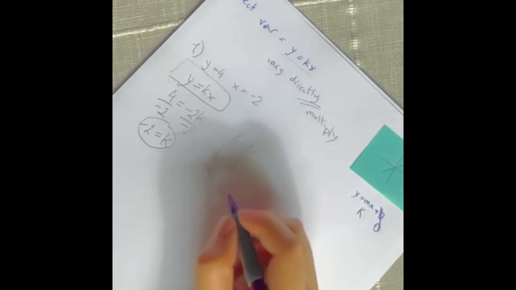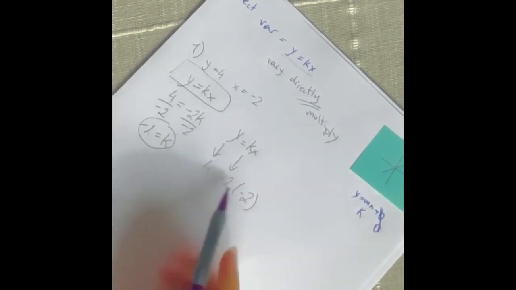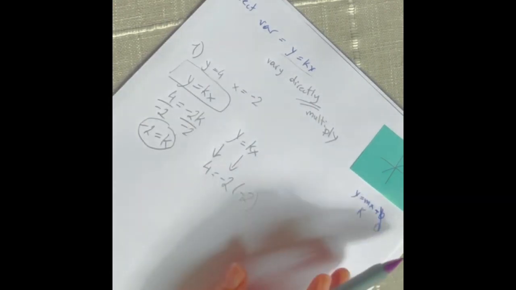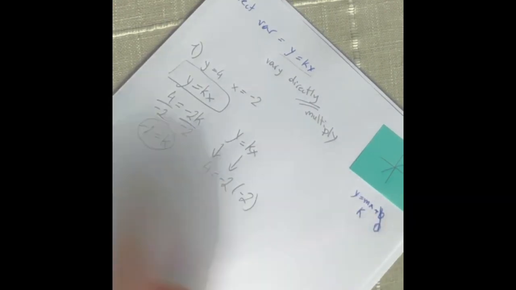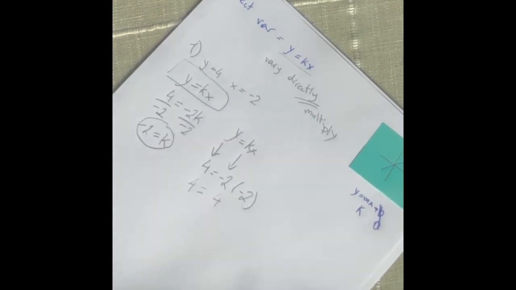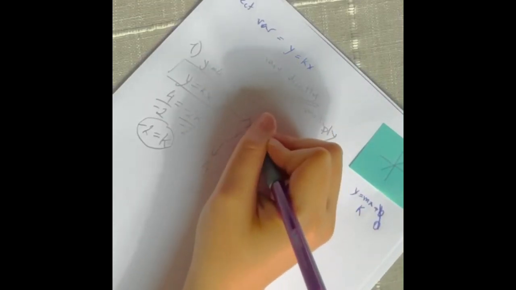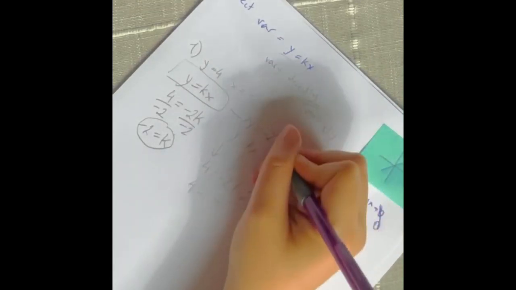We just found that. And x is -2. As we know, negative times negative is positive. 2 times 2 is 4, so that'll be +4. And that's correct. So the answer would be y equals -2x.